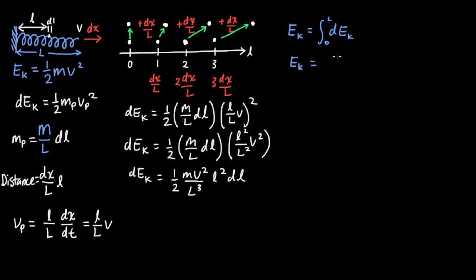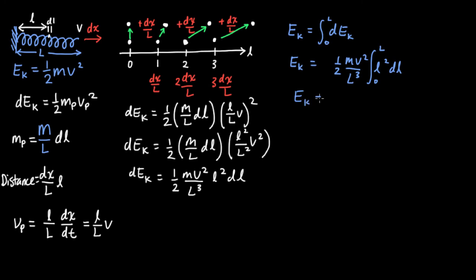E sub k equals the integral of half mv squared over L to the power of 3 l squared dl, and we take the integral from 0 to L.